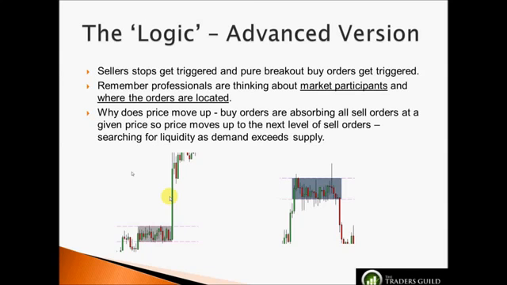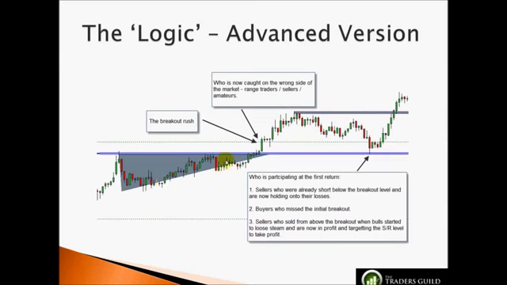Price always moves to find liquidity, and it moves because demand exceeds supply, or supply exceeds demand. So this is why I call it the breakout rush, and why we see a high momentum move when price breaks out from a very clear support resistance area or above swing highs, swing lows. You get the rush because of the order flow concentration around that area.